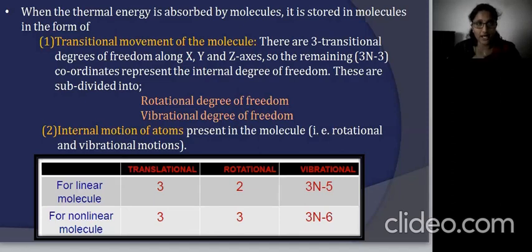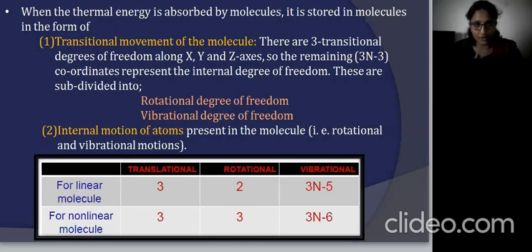If you pass IR radiation, not only will vibration take place, the molecule will also rotate. If you pass microwave radiation, vibration will not take place, only rotation will take place in all three axes. Similarly, if you pass IR radiation, rotation will also take place and the molecule will also vibrate.